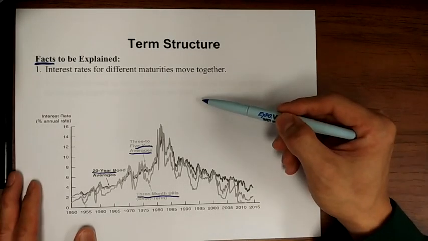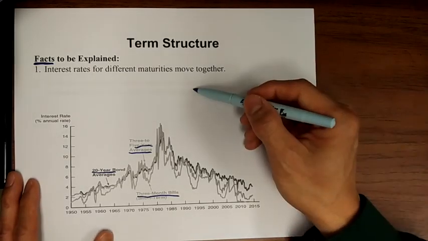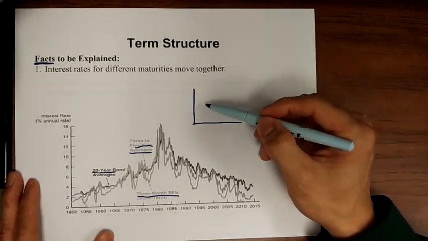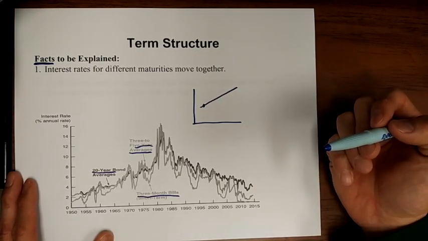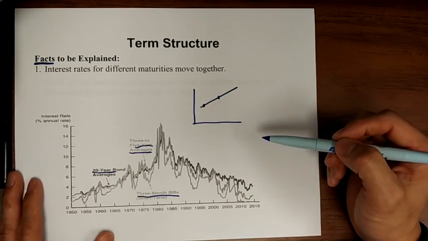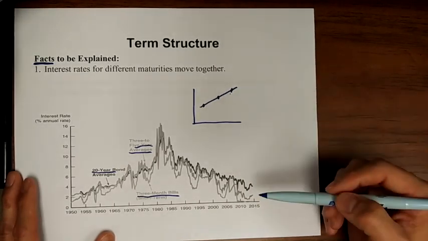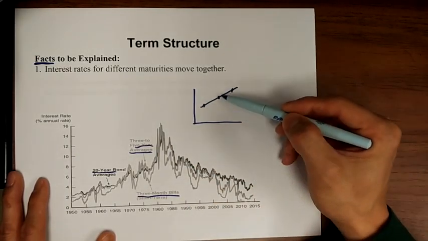What is the implication of this on the yield curve? If the yield curve looks like this, with the 3-month Treasury bill interest rate, the 3-year Treasury note interest rate, the 20-year Treasury bond interest rate, in general they move together.